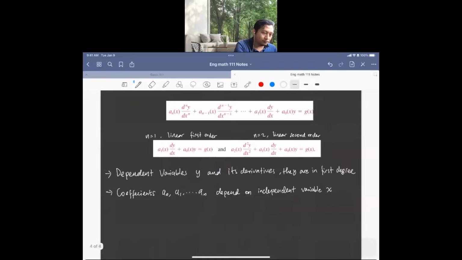So we can just write that a nonlinear ODE is an equation that is not linear.